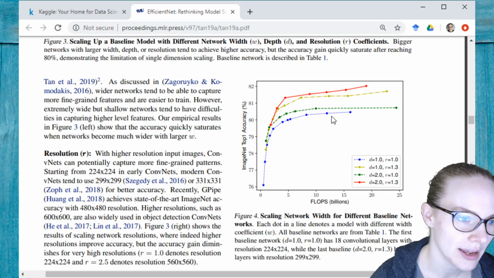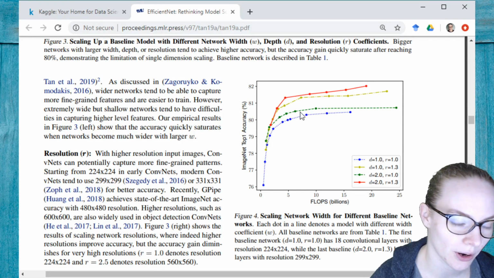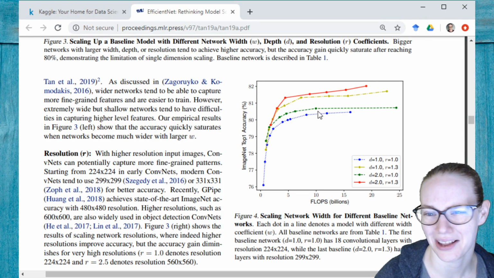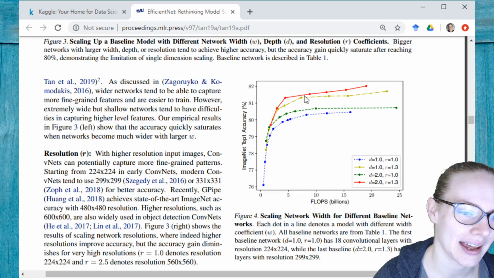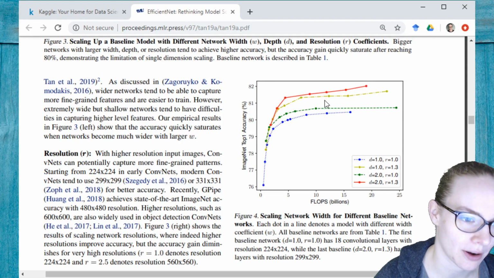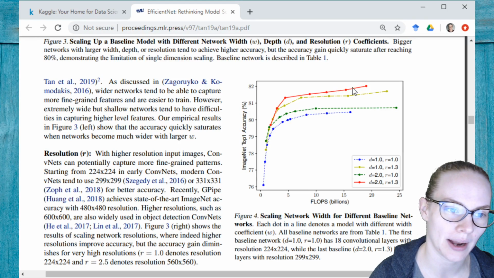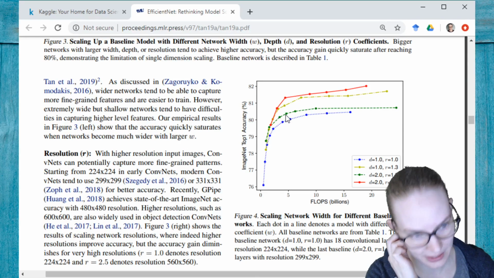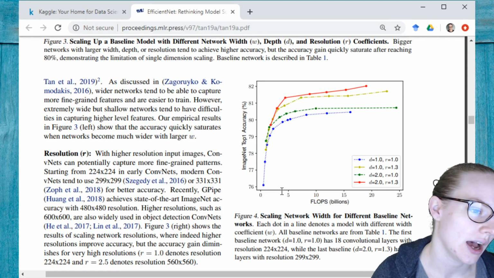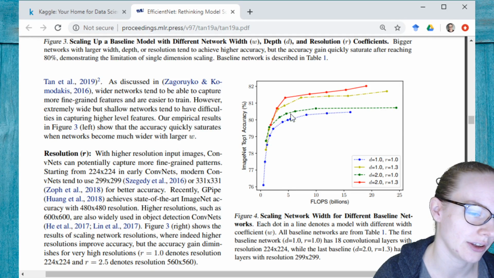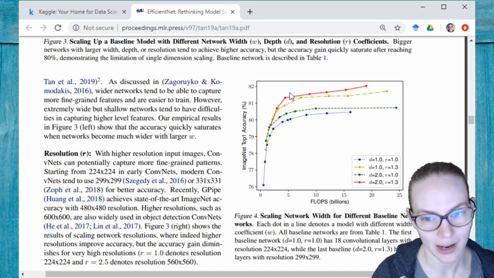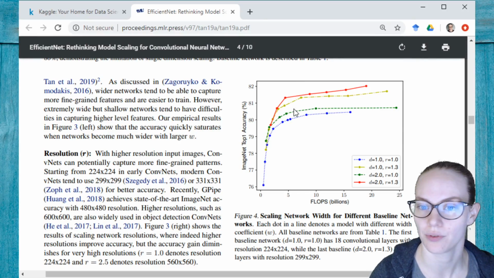This is the blue, and the green is deeper but still low resolution, and then this yellow-brown color is less deep but has better resolution, and then this top red line is a deeper model and also has higher resolution. So as you can see, if we're looking at 5 billion FLOPS, the model which is wider and deeper and has higher resolution is performing better with fewer operations.